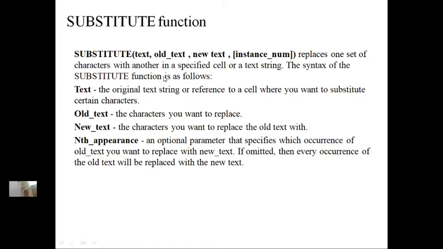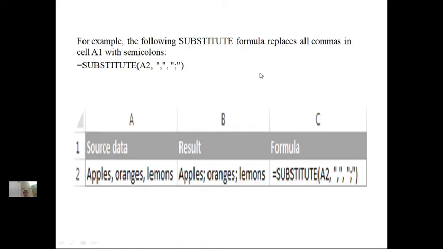The SUBSTITUTE function replaces one set of characters with another in a specified cell or text string. Okay. Now let us go to the next slide. Here he is taking an example of how the SUBSTITUTE function works. In A2 he has entered apples, oranges, lemon.